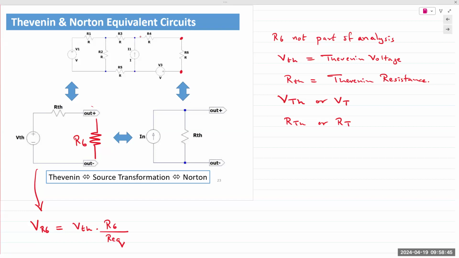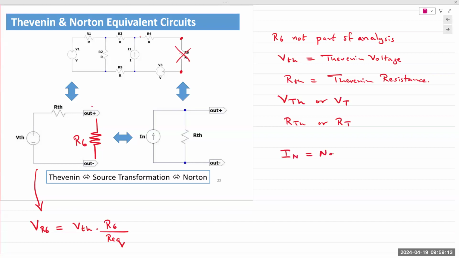So he postulated the theory that said that you could take that large circuit and represent it as a current source instead of a voltage source. You could perform the same analysis without R6 and represent it as a current source in parallel with a resistance. And that came to be known as Norton's theorem.